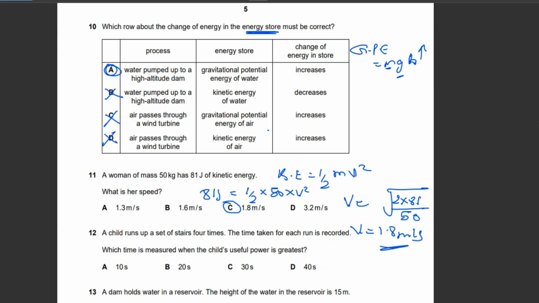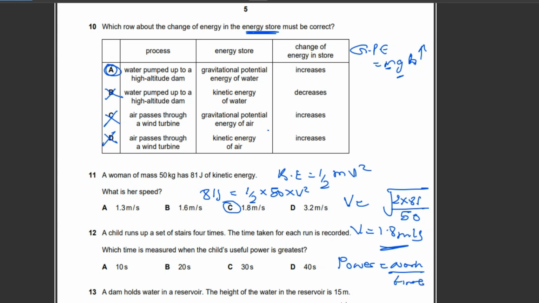We want the greatest power. So we need to look at something there. If you look at power, what's the definition of power? Power is the rate of doing work. Power is work done over time.